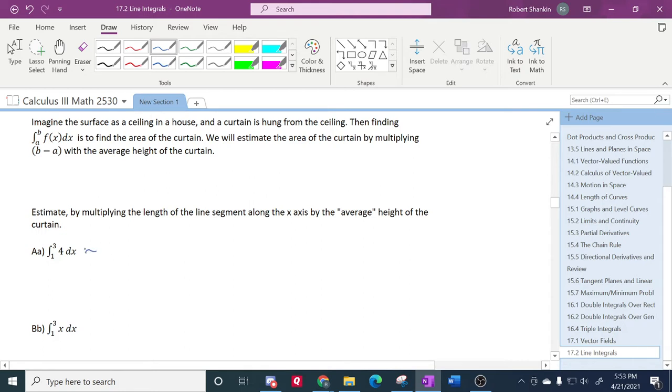So this is approximately the length along the x-axis times average height of curtain.